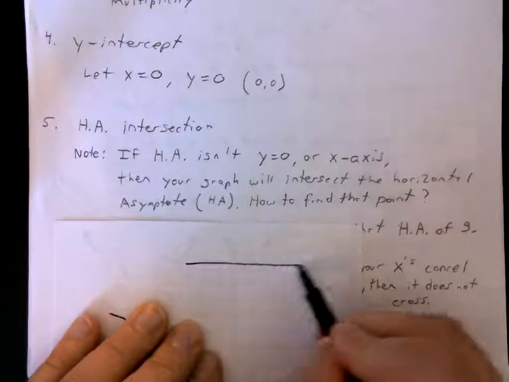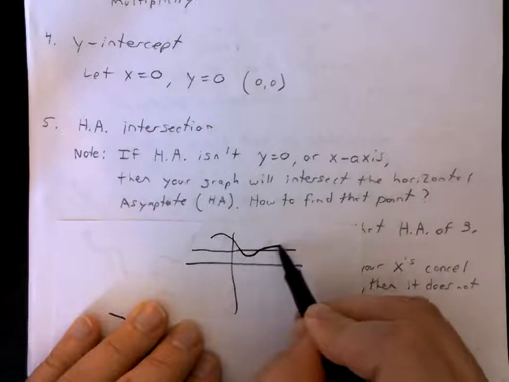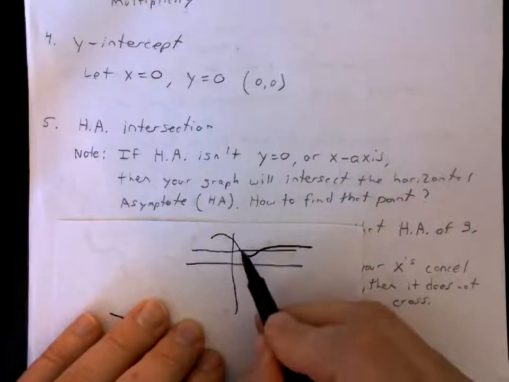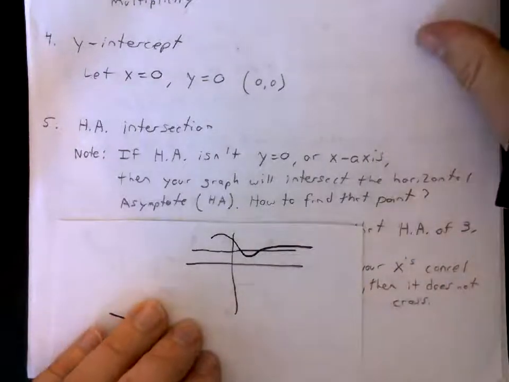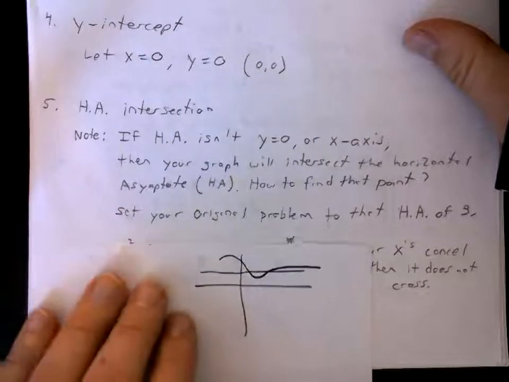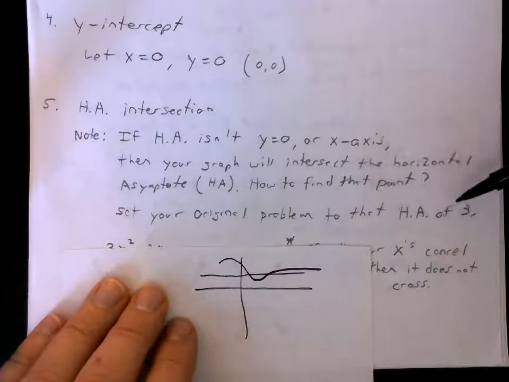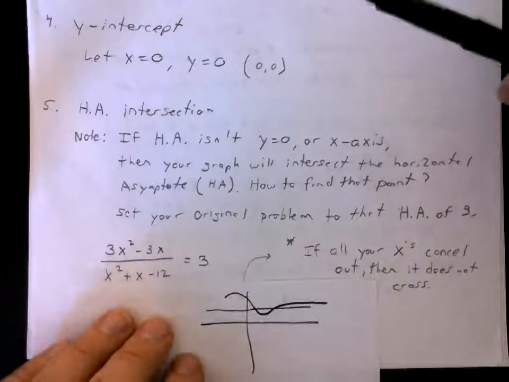Sometimes this is interesting because if you have a horizontal asymptote, your graph might come in contact with it. It will intersect somewhere, bounce off a little bit, and come back towards the horizontal asymptote. So what you're going to do is set your original problem equal to that horizontal asymptote, which was 3.